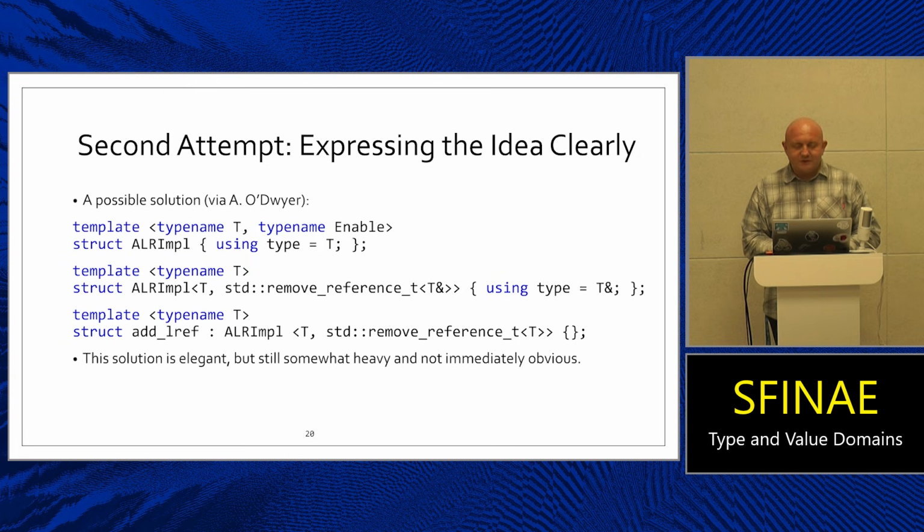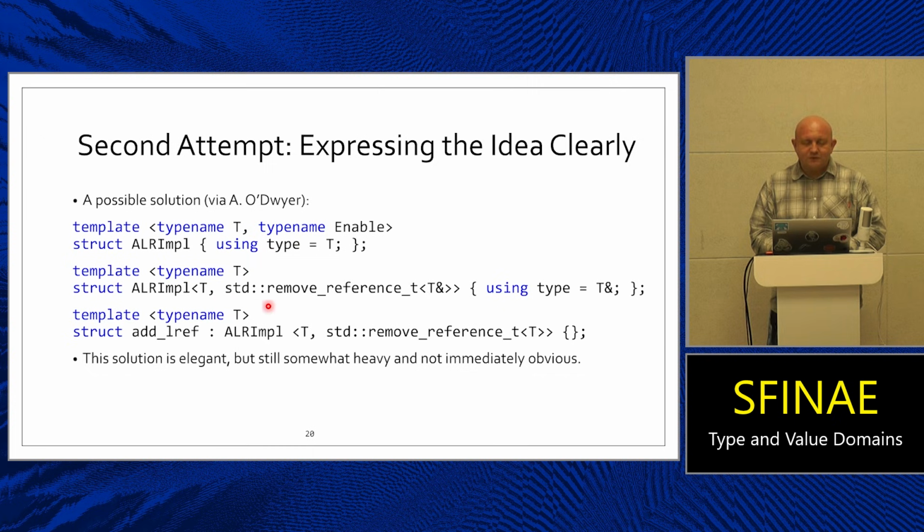This version, originally shown by Arthur O'Dwyer in his talk, does exactly that. We define a helper template, ILR_impl, with two parameters. The primary template simply says type equals T, and then we add a specialization that is selected only when forming T& is valid.